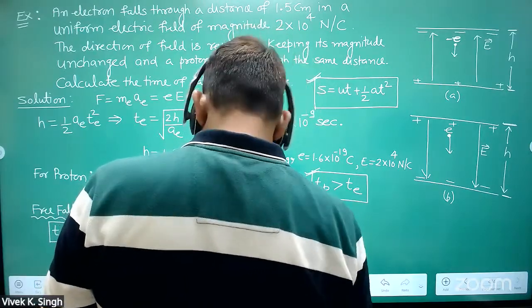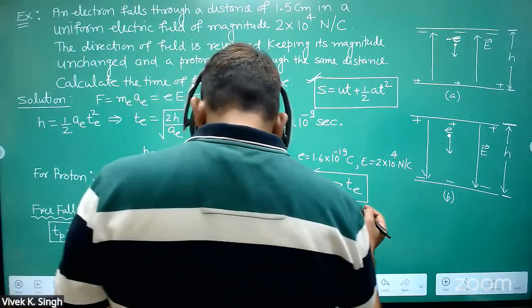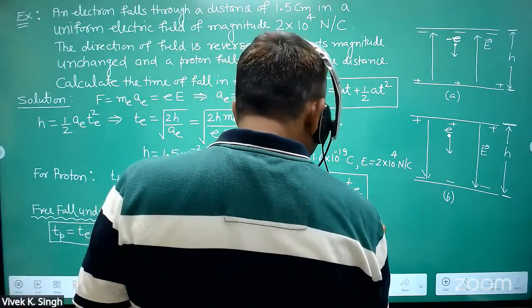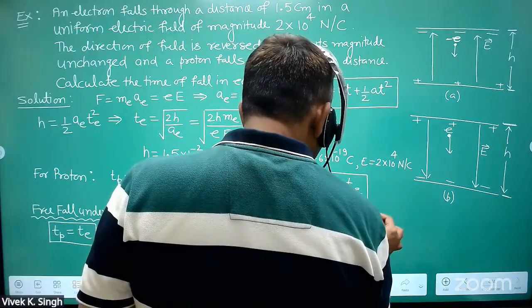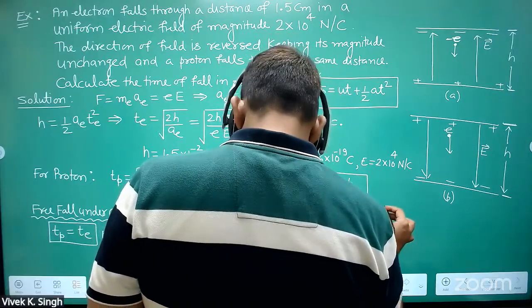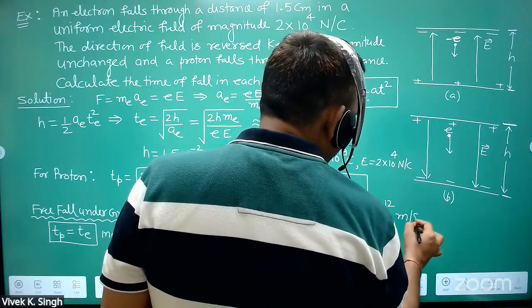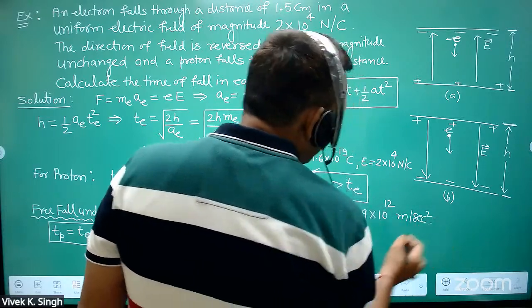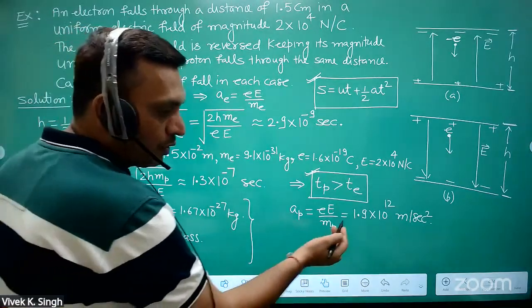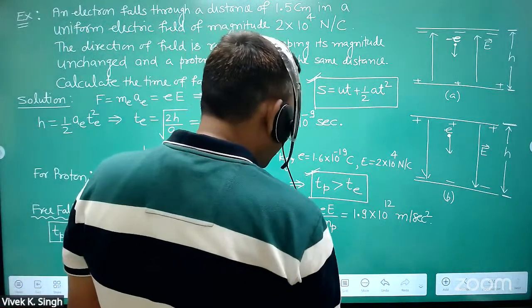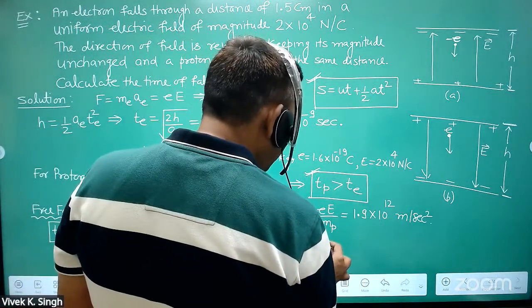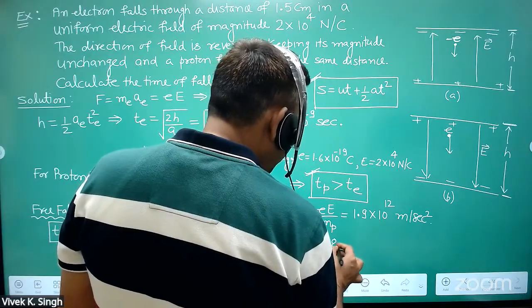If you calculate this value, it is 1.9 into 10 to power 12 meter per second square. This is of the order of 10 to power 12 meter per second square, but g is 9.8 meter per second square.